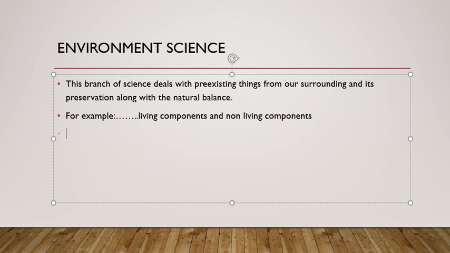So our environment, our surrounding, has certain things which are either in a balanced way or an unbalanced way. But simply, things exist in our surrounding, forming a cycle. So you have to consider that environmental science just deals with the surrounding in which we live, either about living components or non-living components. It just deals with the surrounding.